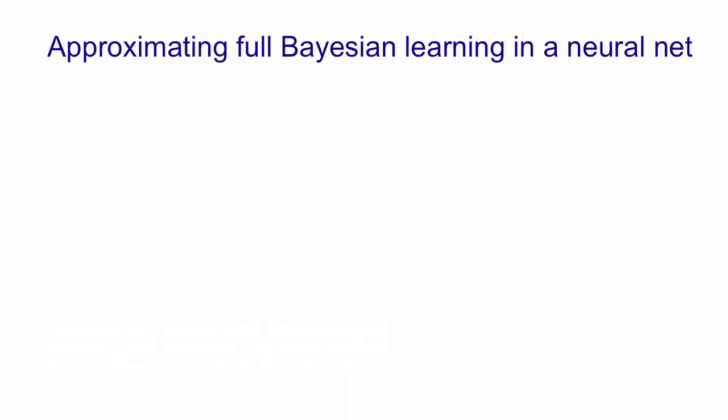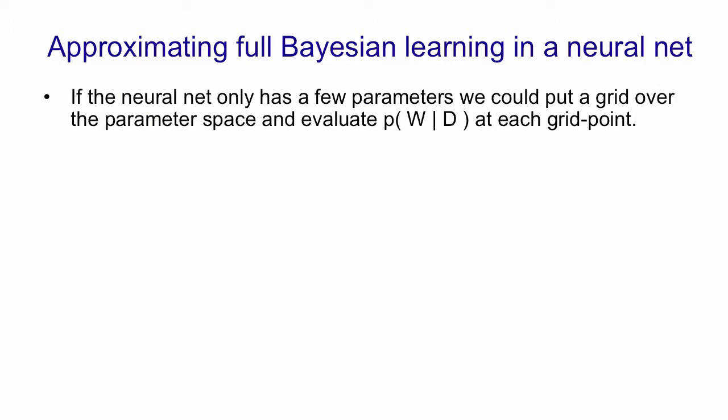So we can approximate full Bayesian learning in a neural net if the neural net has very few parameters. The idea is we put a grid over the parameter space. So each parameter is only allowed a few alternative values, and then we take the cross product of all those values for all the parameters, and now we get a number of grid points in the parameter space. And at each of those points, we can see how well our model predicts the data.